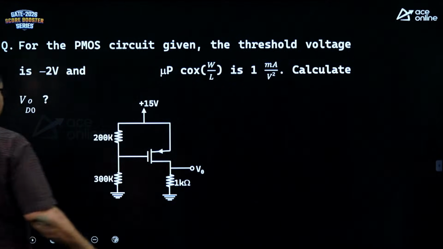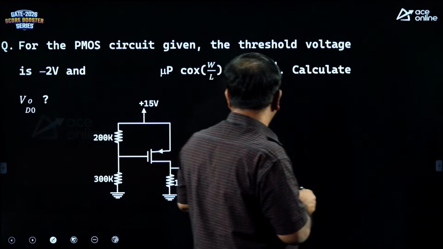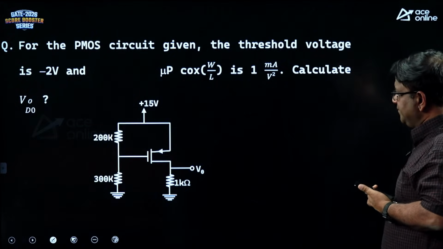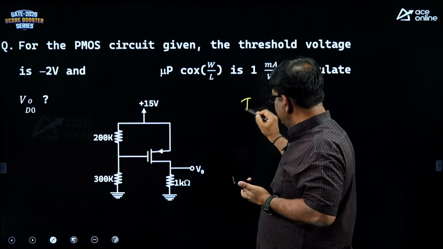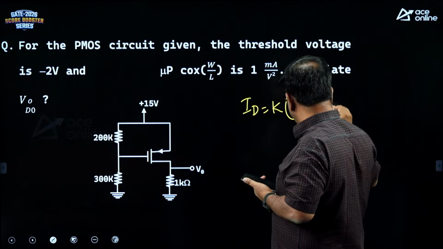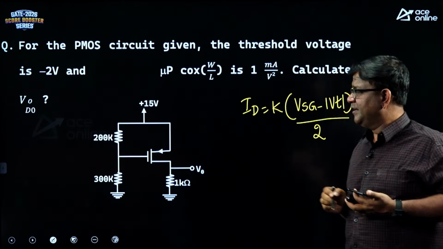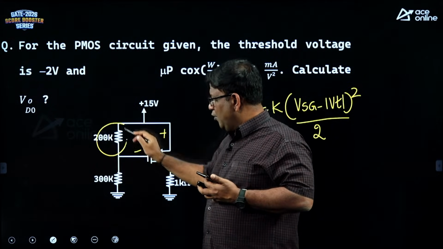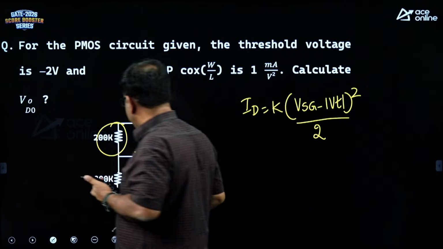For the PMOS circuit, the threshold voltage is minus 2 volt and mu Cox W by L is 1 milliampere. Calculate V naught DC. So, now you can see your ID is K times of VSG minus mod VT whole square by 2. So, this is the PMOS equation. But the VSG is nothing but the voltage across 200K. So, how much is it?